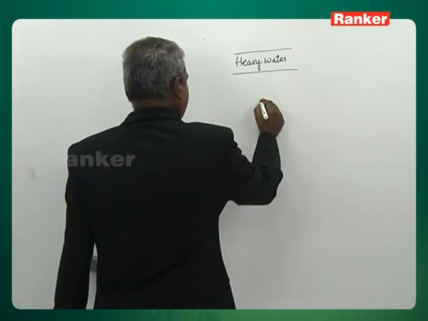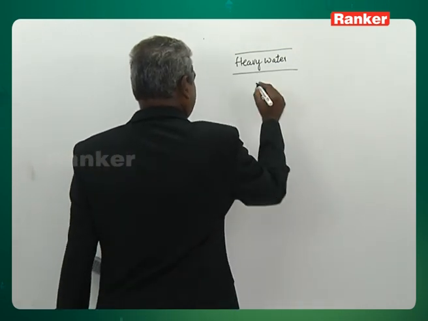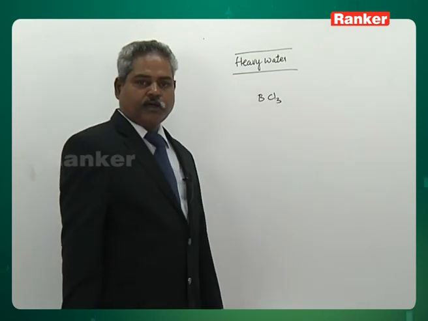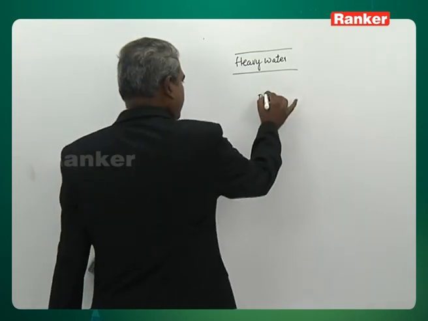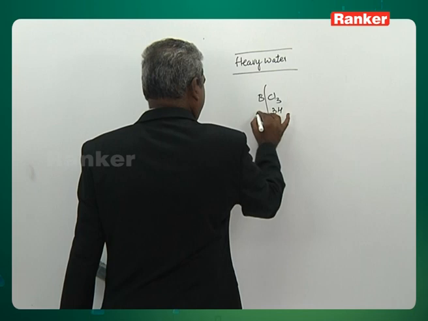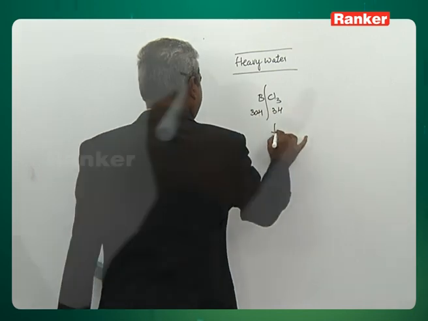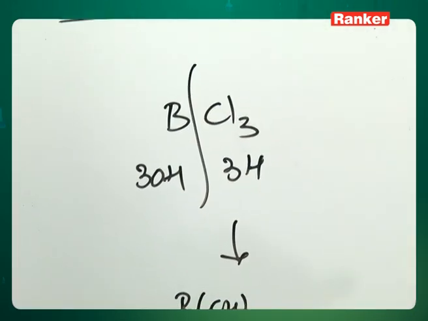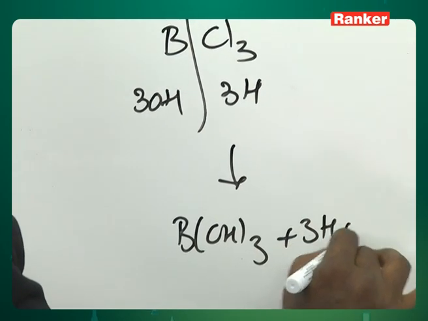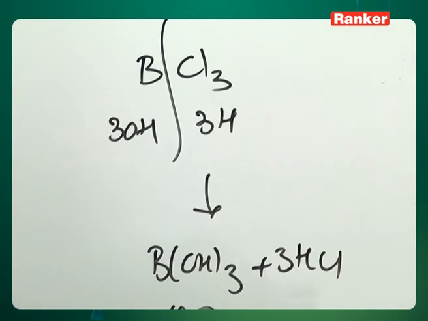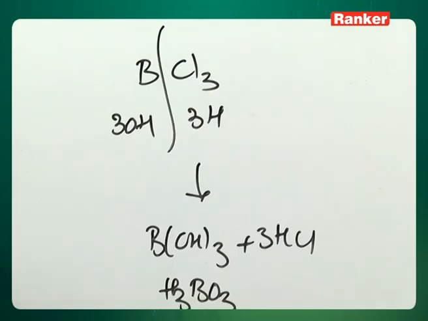Every time I can't write D, so I'll simply write the reactions with water, since in any case we have to learn the reactions of water. BCl3, break the bond, 3H, 3OH. What will you get? B(OH)3, 3HCl. H3BO3, boric acid.